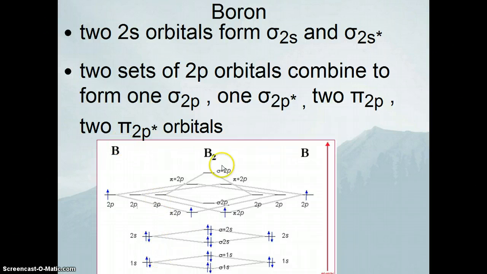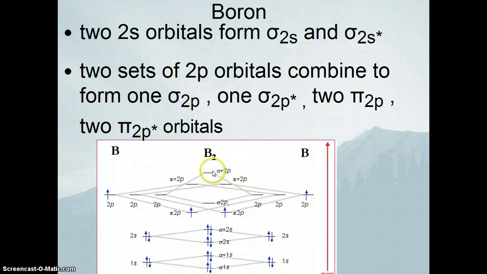So here's a hypothetical boron molecule. And as you can see, we've got 2 electrons in a bonding sigma 1s as the 1s come together, and a sigma 1s star. 2s come together, 2s star. And then here are the 1, 2, 3 2p's for this boron, 1, 2, 3 electrons of this boron. And they form sets.